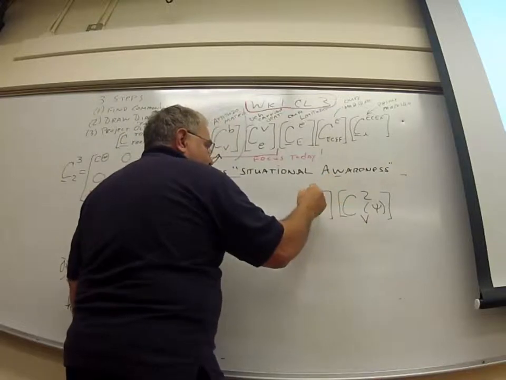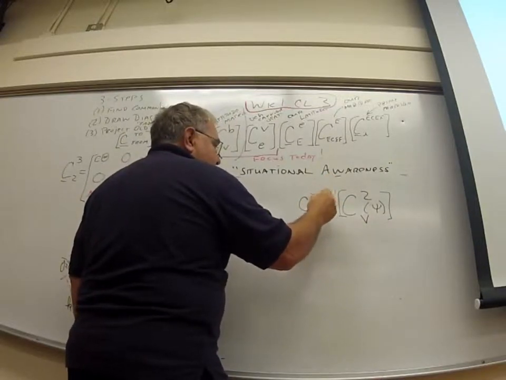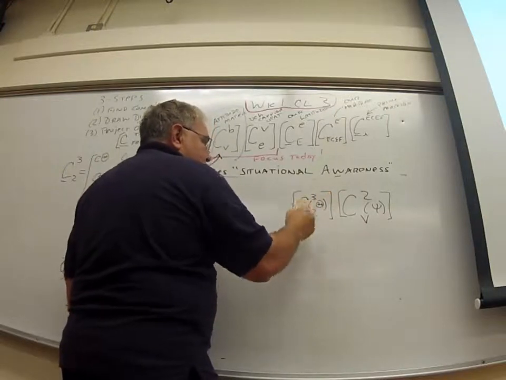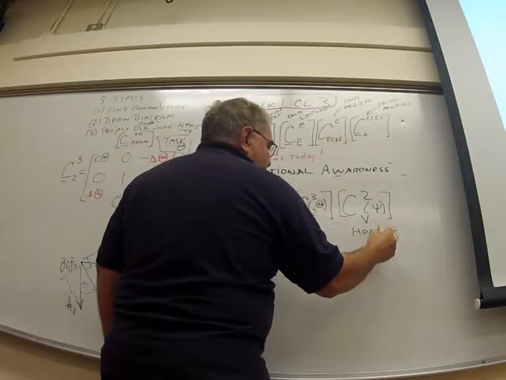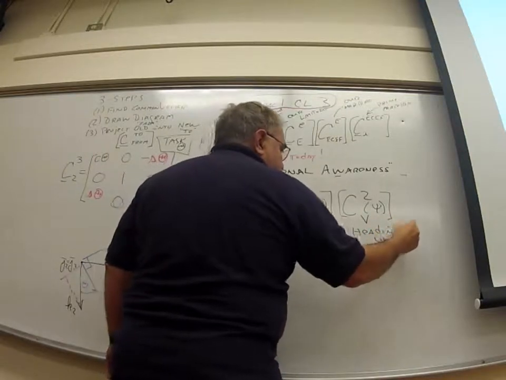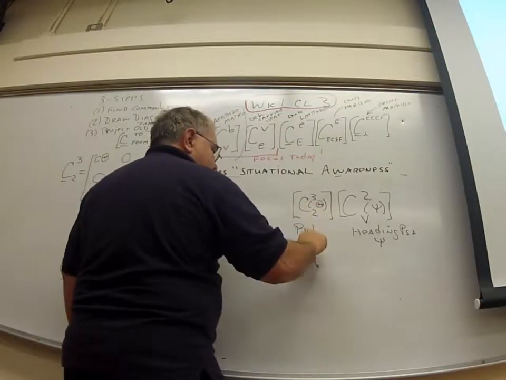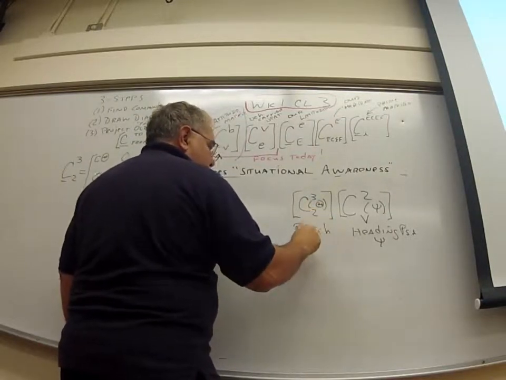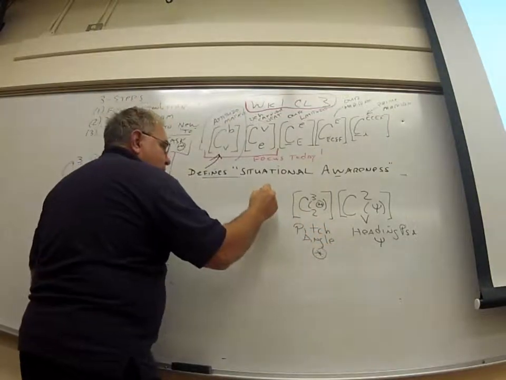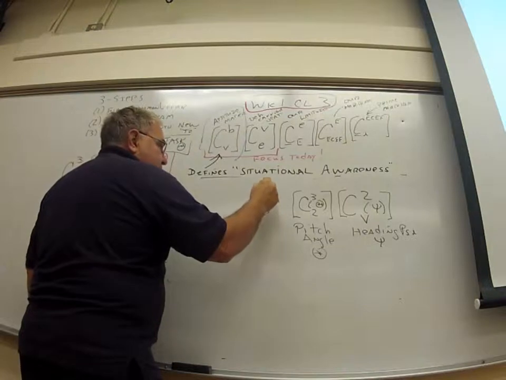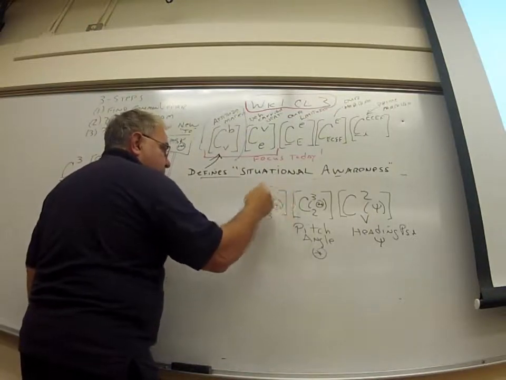Then we went from the 2 frame into the 3 frame, and that was a function of pitch angle theta. So this is heading psi, and this is pitch angle theta. And the last one, we went from the 3 frame into the body axis through roll angle phi.